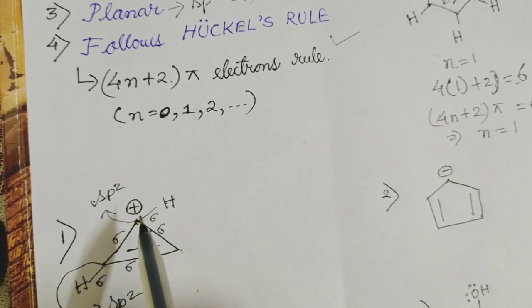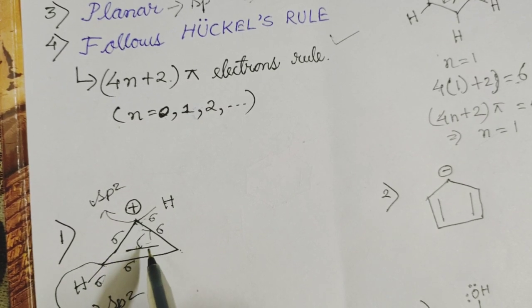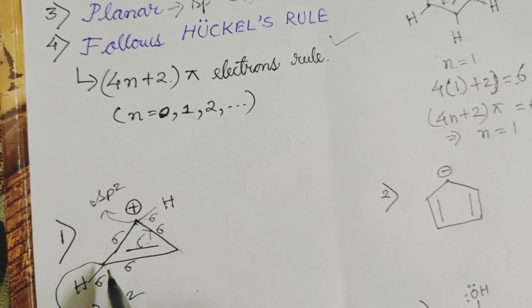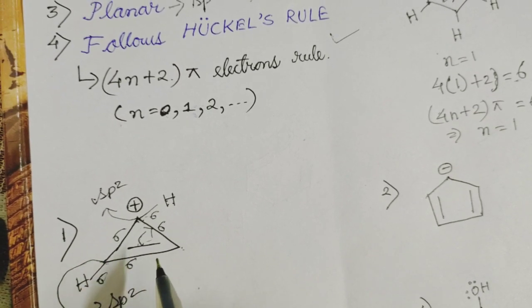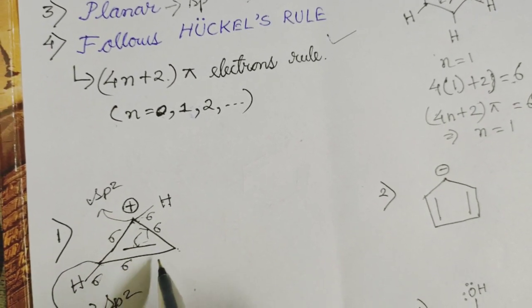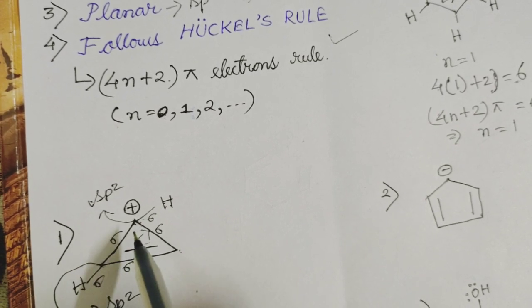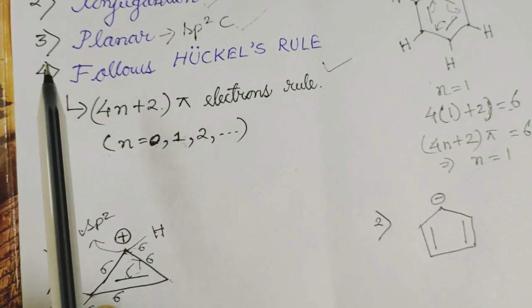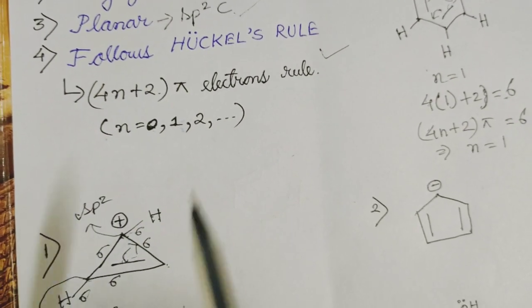There is conjugation between the positive charge and the pi bond. When the pi bond moves this side, this positive charge would shift to this side, and there is resonance. So there is conjugation present, and again all the three carbon atoms are sp2 hybridized. Hence the third criterion, that is planarity, is also met.